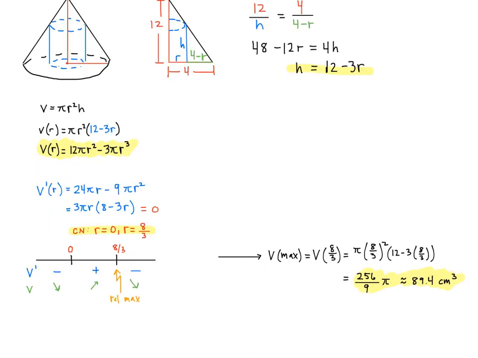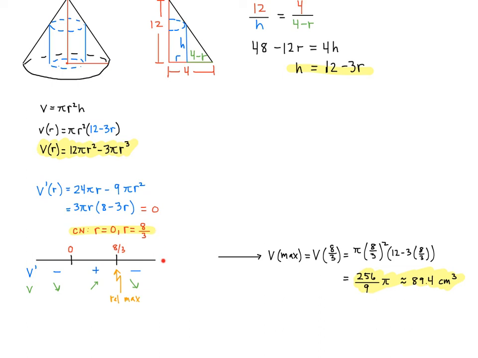Okay, so hopefully you were able to say, volume equals pi r squared h, so we substituted 12 minus 3r for h, and we got our volume equation here. Now we needed to take the derivative, and I factored it right away. Setting it equal to 0 gives us two critical numbers.